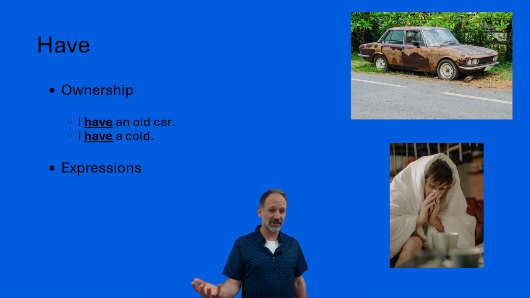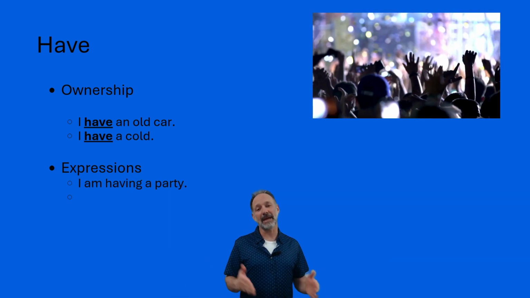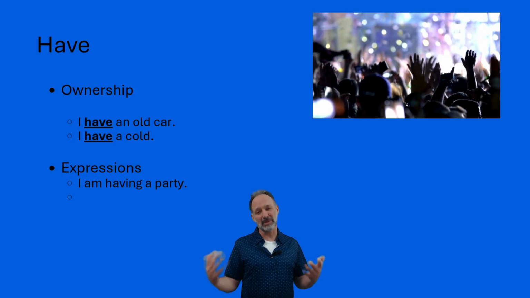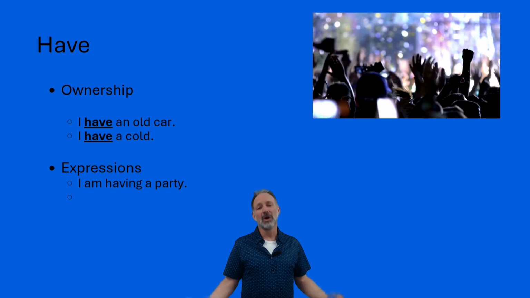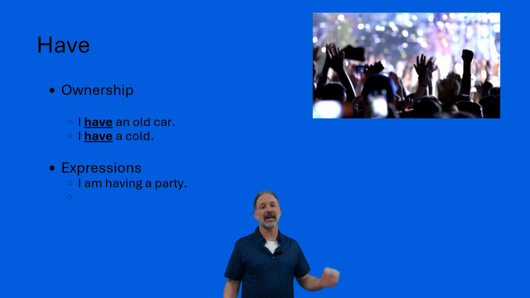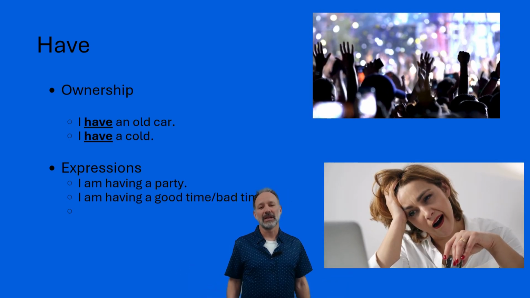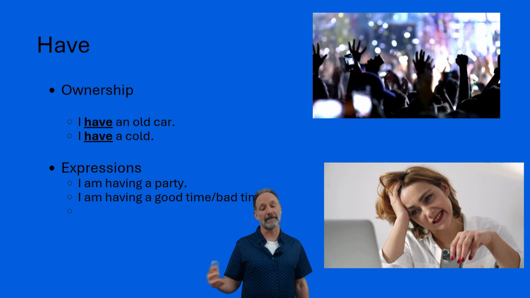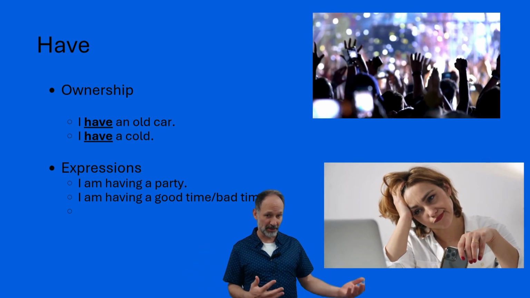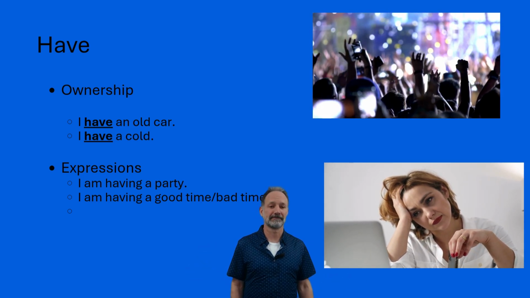However, there are certain expressions with have where we could use it in progressive or simple. Like I am having a party right now. That would be like an action meaning, or I'm having a good time, I'm having a bad time. Those would be two expressions where the verb have could be progressive or simple.